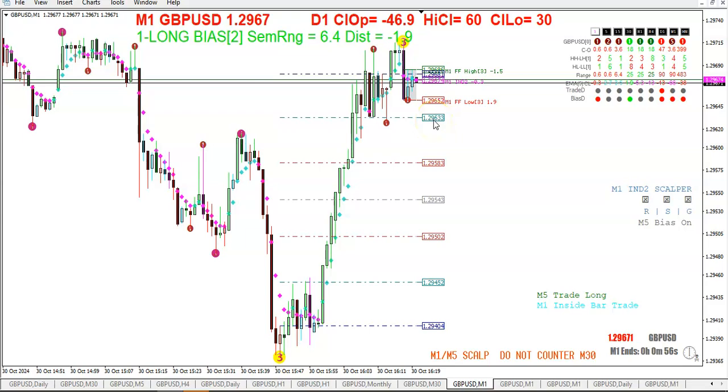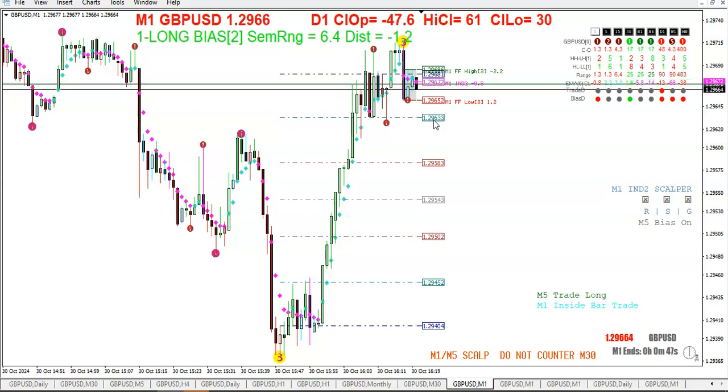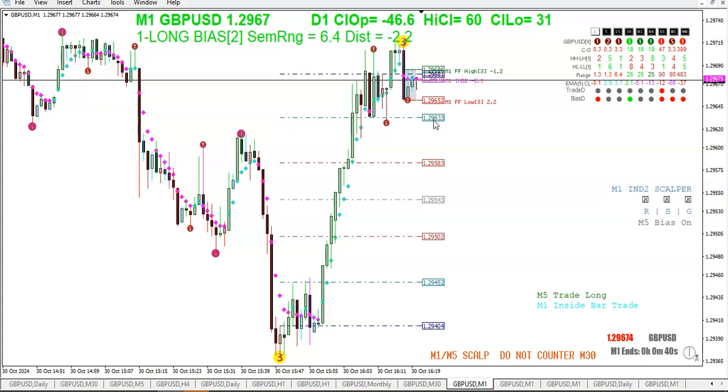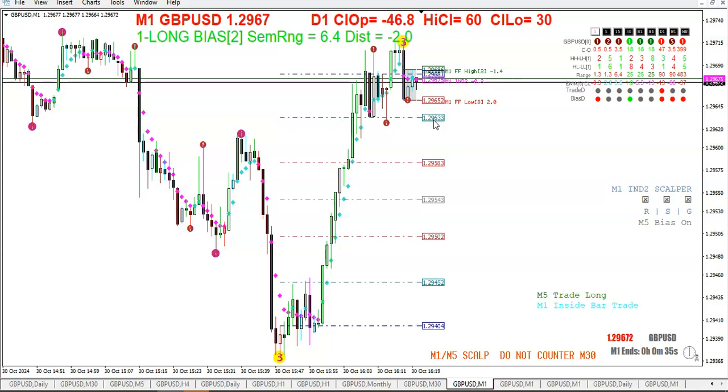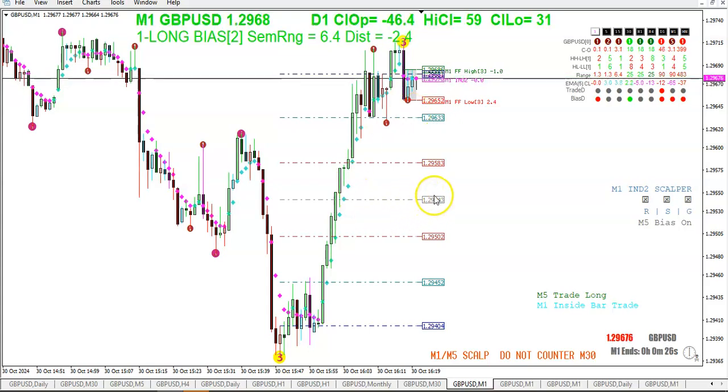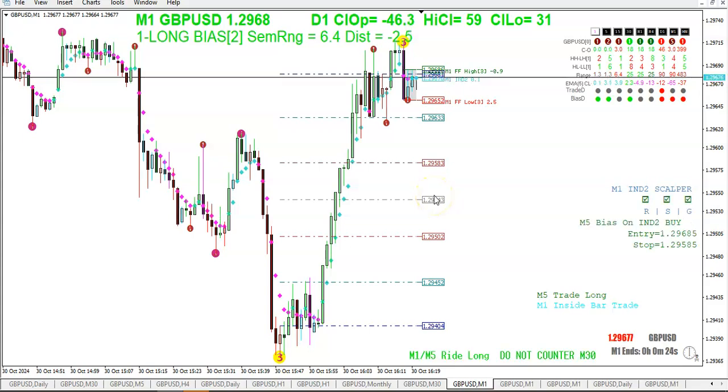That's the 23 retrace. So the question is, are we going to get a 50% retrace or not?